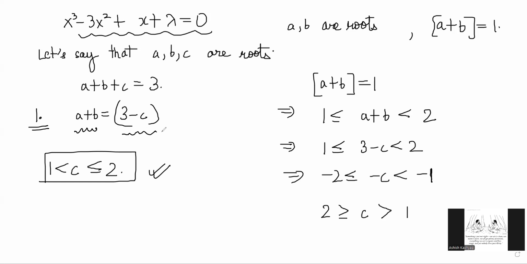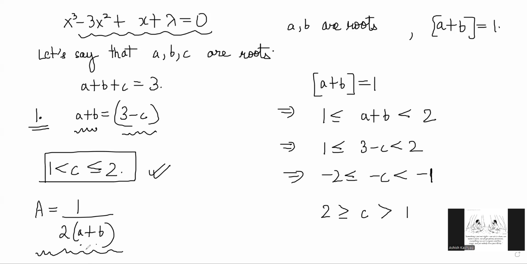Why is this important for us? The question asked us to find the area of the triangle, which was coming out to be 1 by 2 times a plus b. But the question did not just ask us to find the area. We also needed to maximize this area, right? So if you try to maximize this area, you will probably need to do some calculus. But the problem is that right now we have two variables a and b.